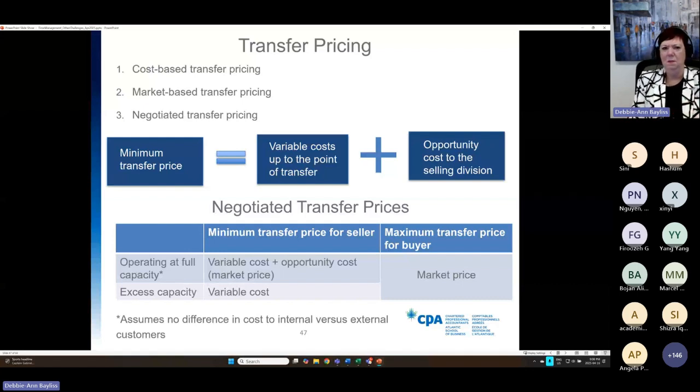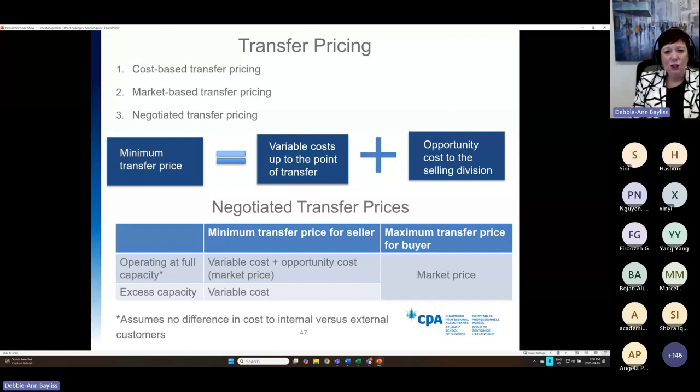What's the maximum? And the biggest thing when it comes to transfer pricing is, are they operating at full capacity? And if there's an external market, the decisions made should be in the best interest of the company as a whole, not of the division.